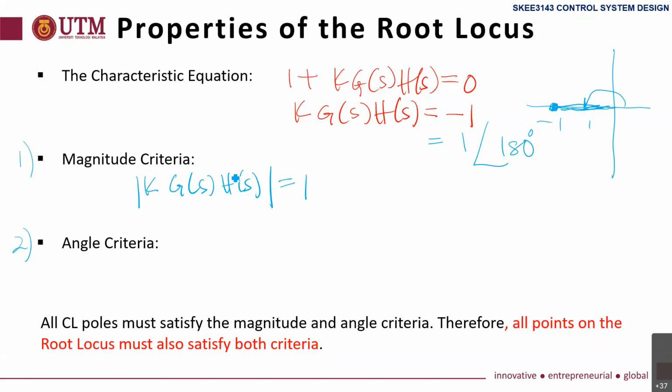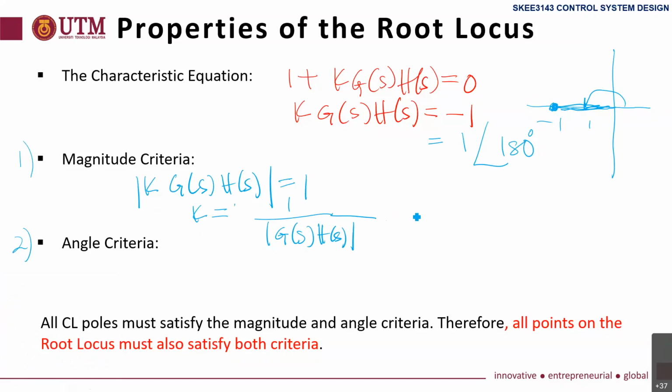Or we can rewrite in this form, or solve for the value of K, in which K equals 1 over the magnitude of G(s)H(s). Later we will use this formula to calculate the value of the gain K. So that is the first one, the magnitude criteria.